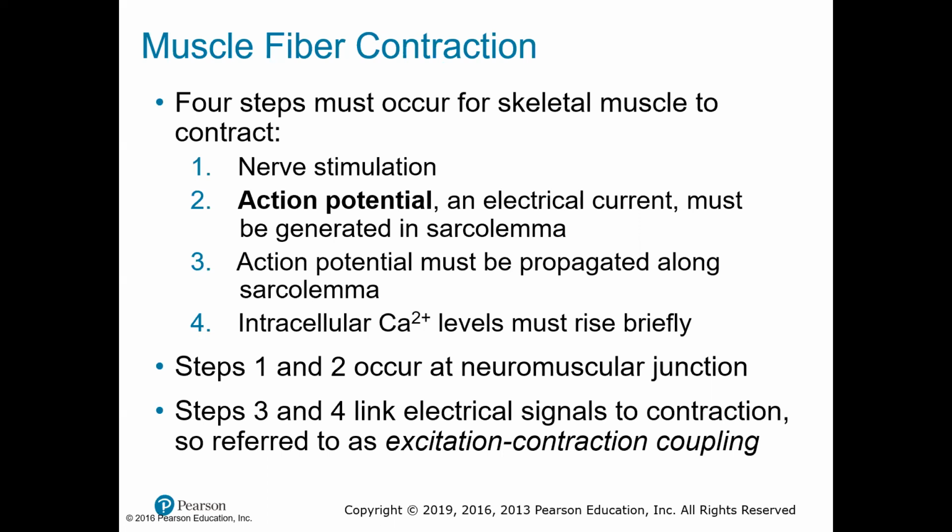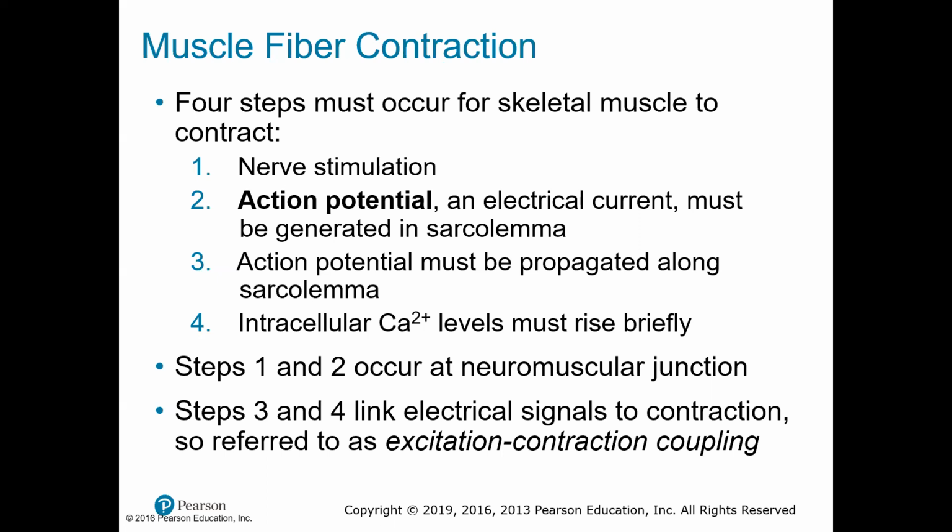Now, step 1 and step 2 take place at a structure known as the neuromuscular junction. It is the indirect connection between the motor nerve and the muscle cell. There's a gap there. The gap is called the synaptic cleft. You probably heard the term synapse. The synapse is where a nerve connects to another nerve, connects to a muscle, connects to a gland, but they're all indirect.